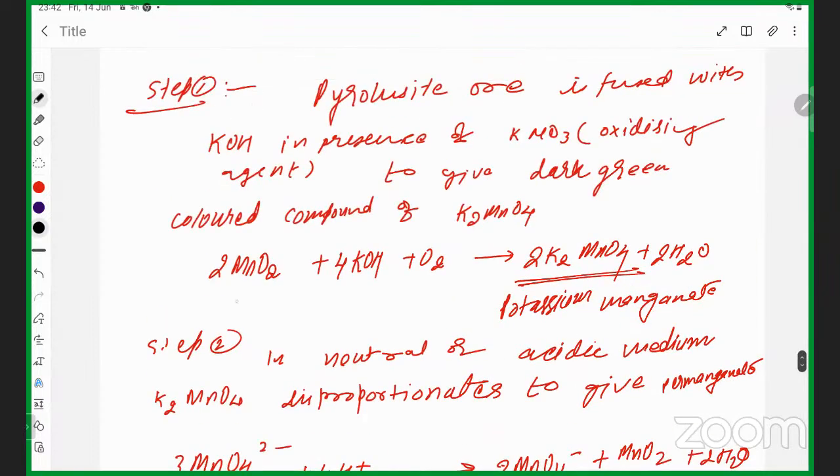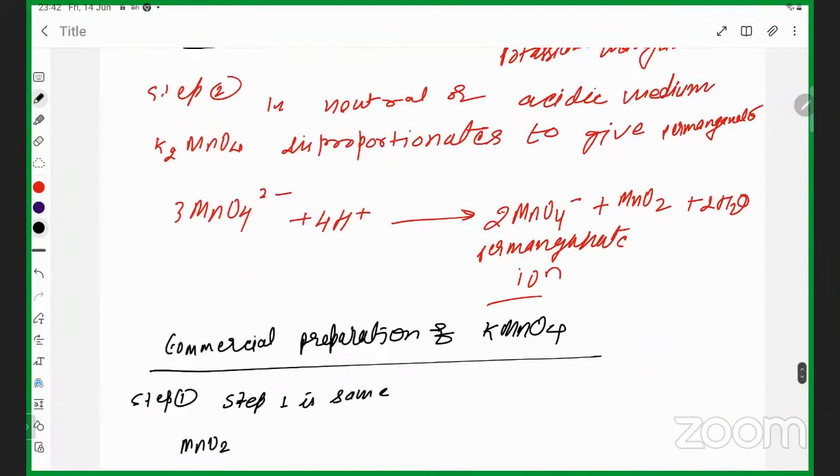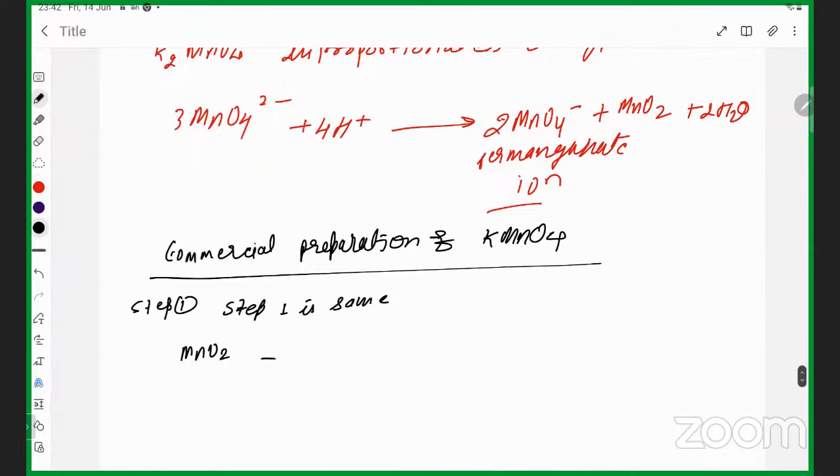Fused with KOH. This is the first condition. Second condition, with an oxidizing agent.